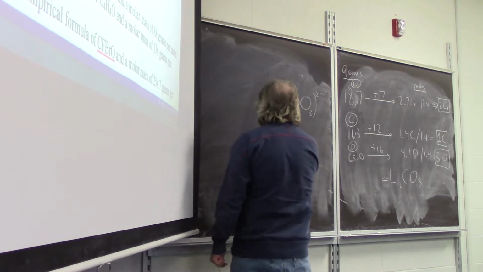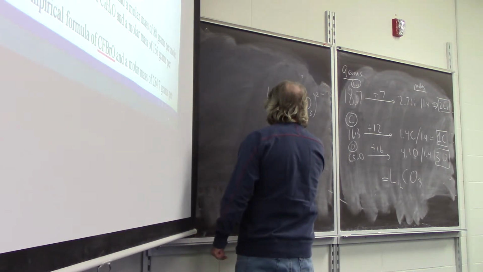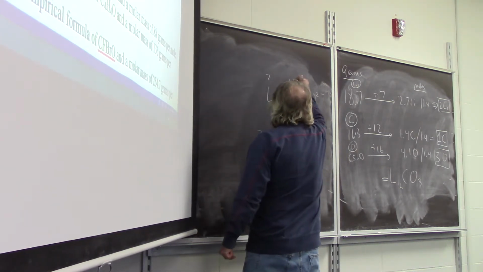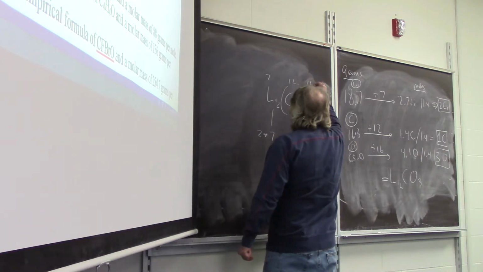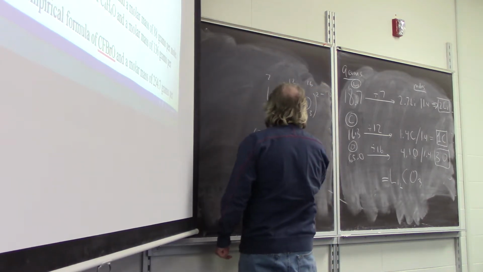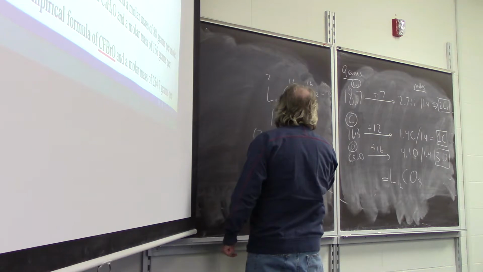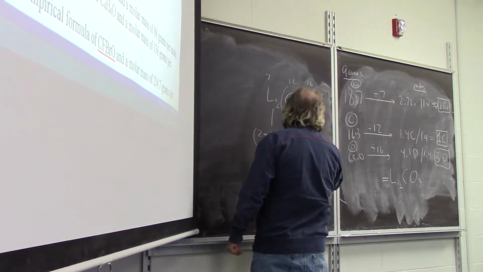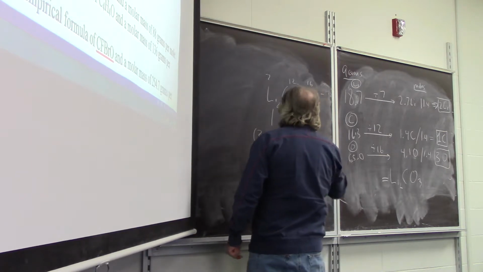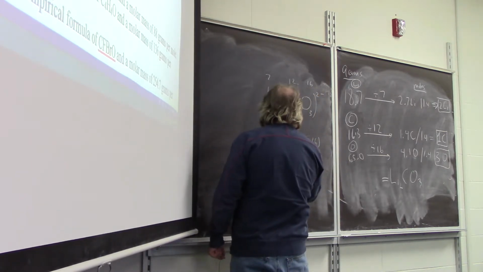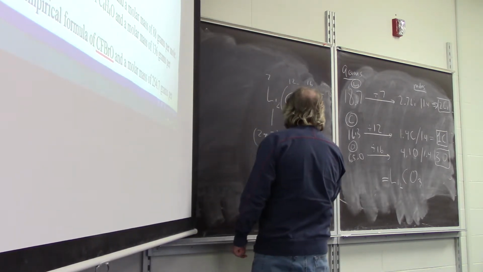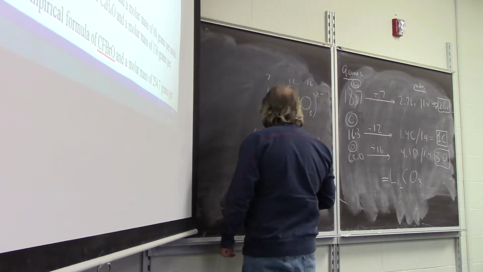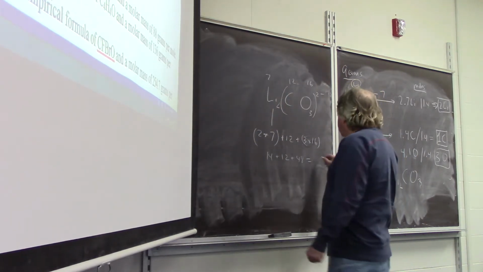So 2 times 7 is 14, plus 12, plus 3 times 16 is 48. 14 plus 12 plus 48 is 74.